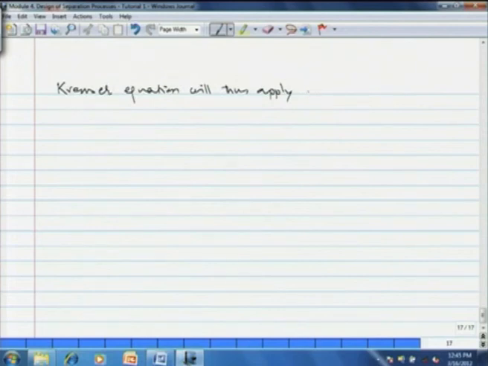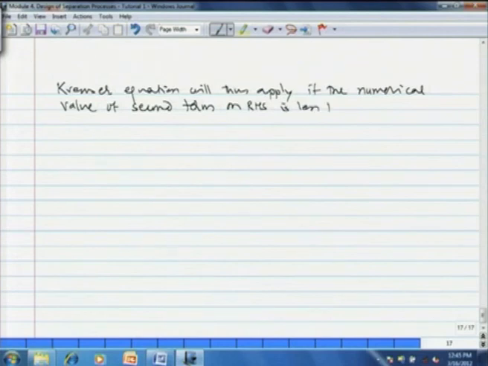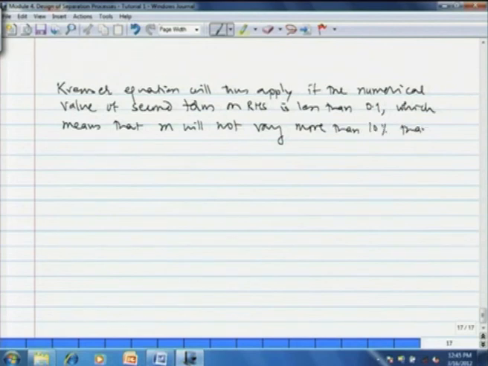Kremser equation will thus apply if the numerical value of second term on RHS is less than 0.1, which means that m will not vary more than 10% than m naught, and hence the equilibrium curve will be a straight line.